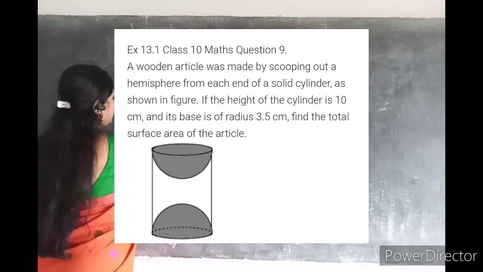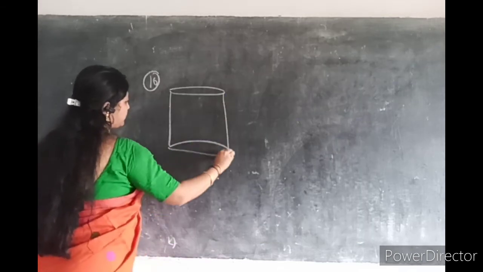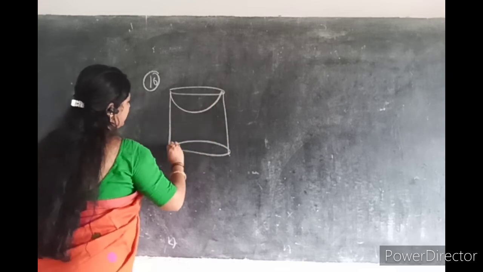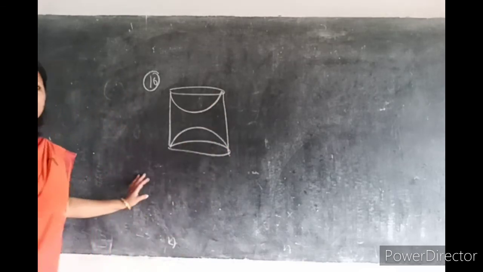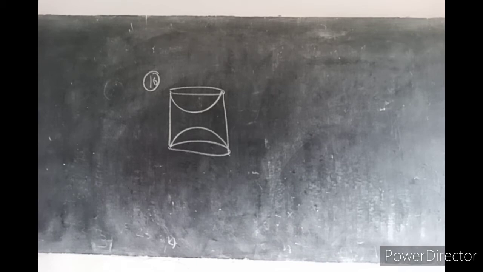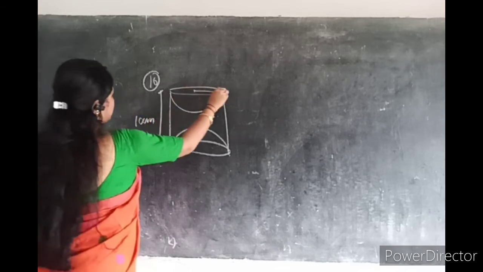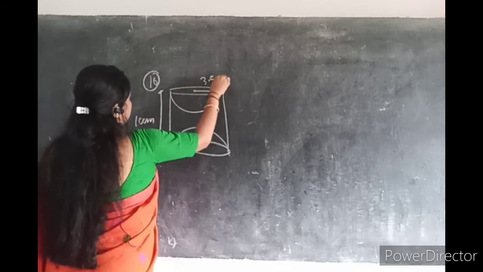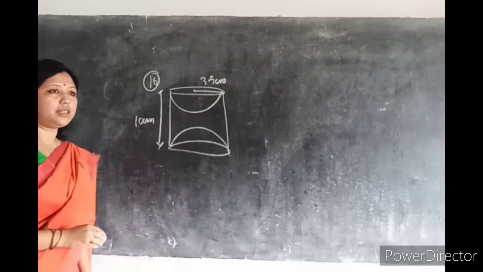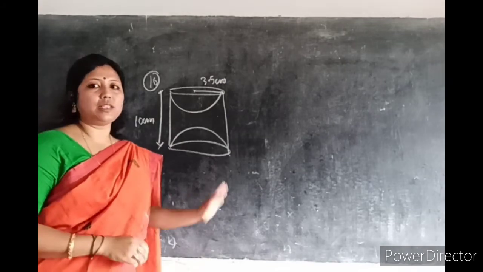So you have a cylinder with hemispherical ends in this way. The height is given to be 10 and the radius is given to be 3.5 centimeters. So you have to find the total surface area of this article.